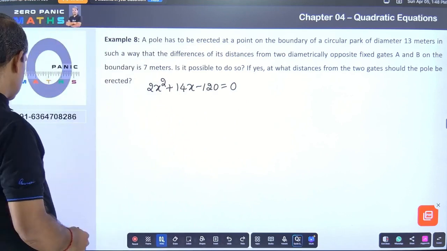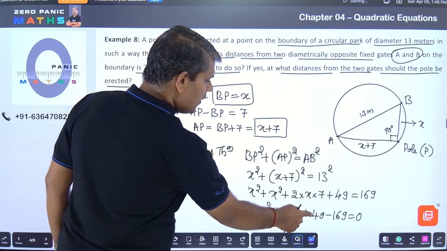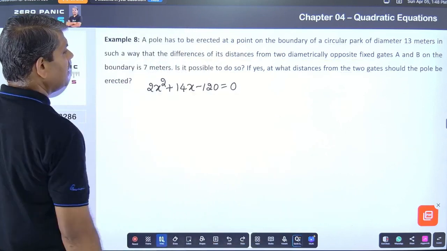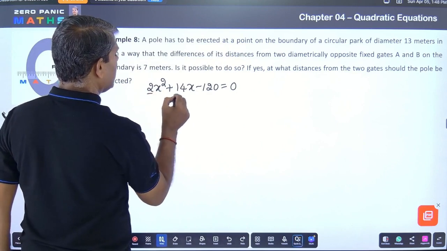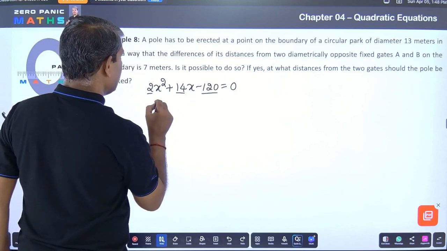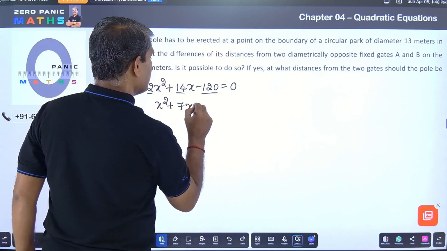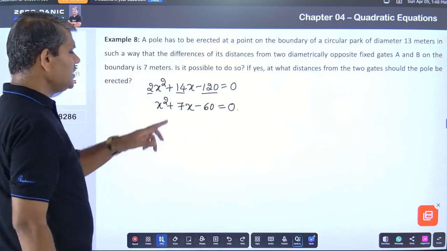Is that correct? Let us divide this by 2, or else I take 2 out and take it to that side, which gives x square plus 7x minus 60 is equal to 0. So this is my equation.